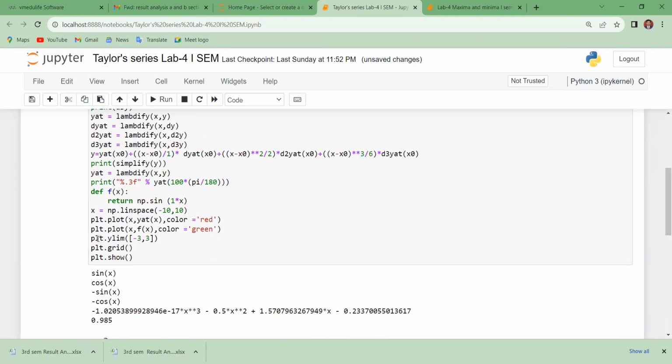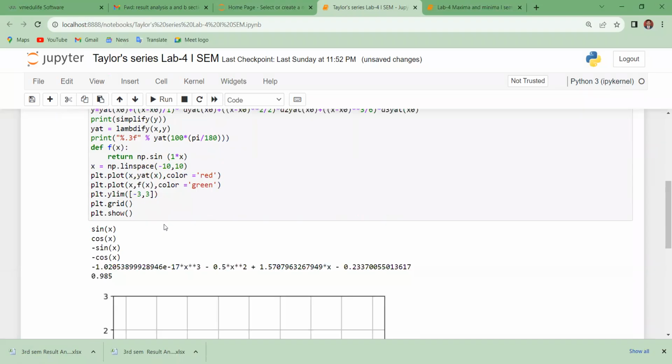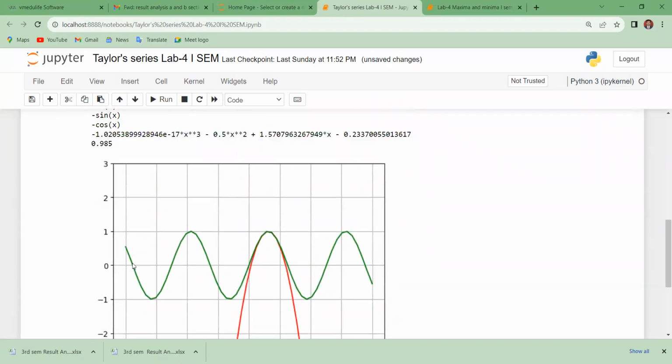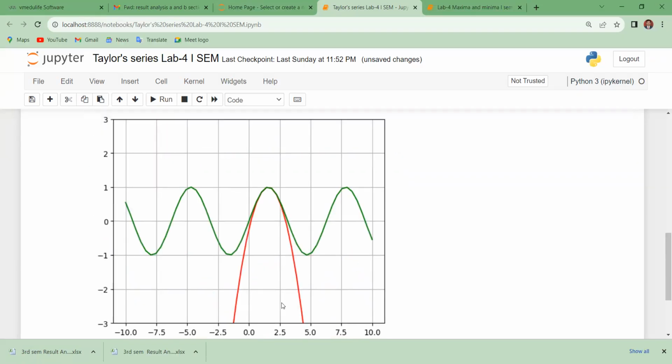And plt dot plot x, f of x in green color. That is the problem statement, sine x. So this green one is the sine wave, and the y at x, that is what we got as the Taylor series value, that is stored in here.